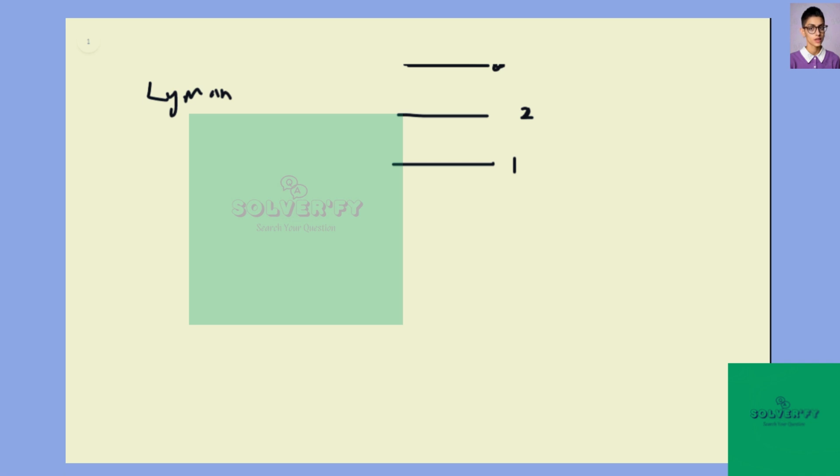So the longest wavelength in this case corresponds to the transition from the second state to 1. In this case, delta E, which is 2 to 1, is given as the energy of 2 minus the energy of 1.